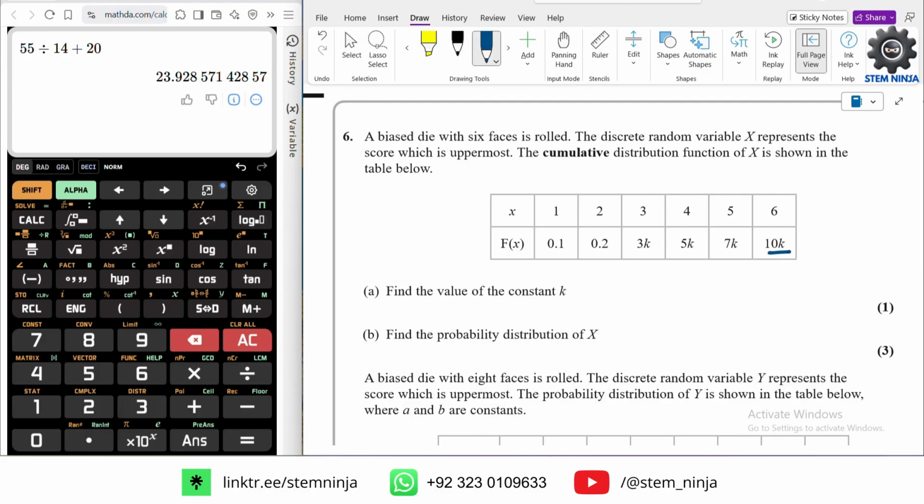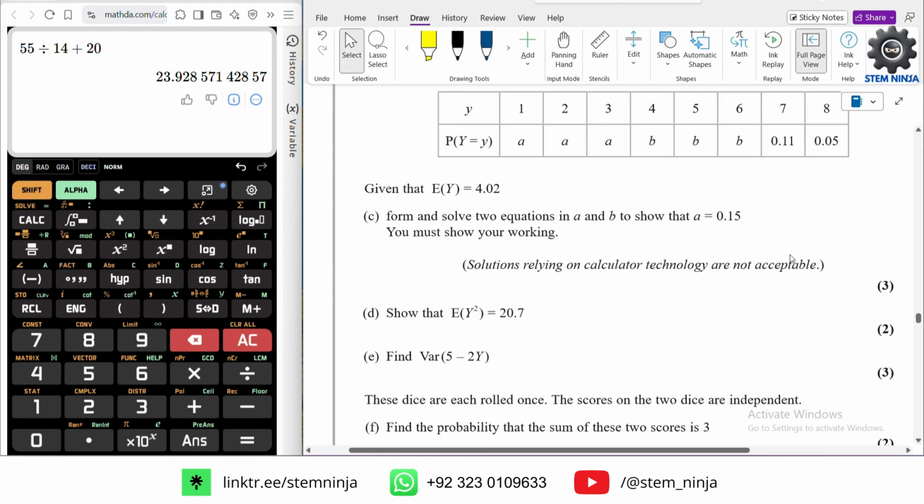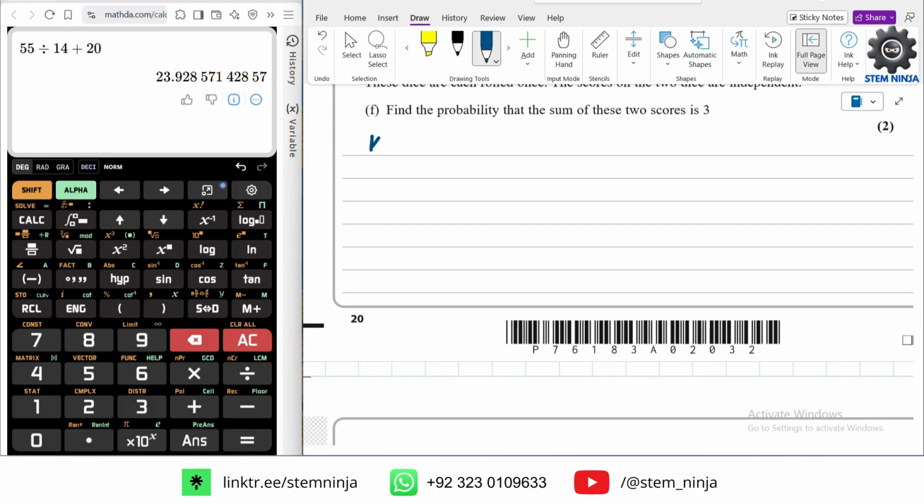So remember, in the cumulative frequency distribution, the last one will be equal to 1. So k is basically just 1 over 10. So 10k equals to 1. Therefore, k is either 1 over 10 or 0.1 depending on your taste.